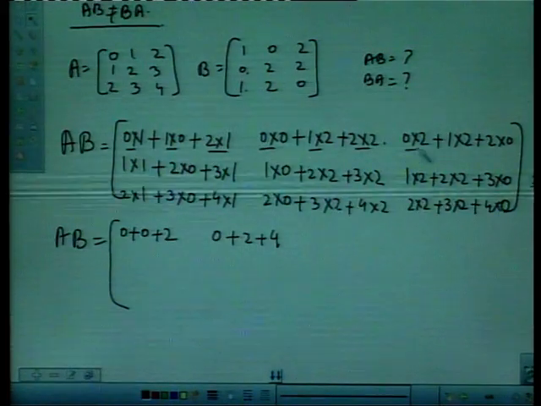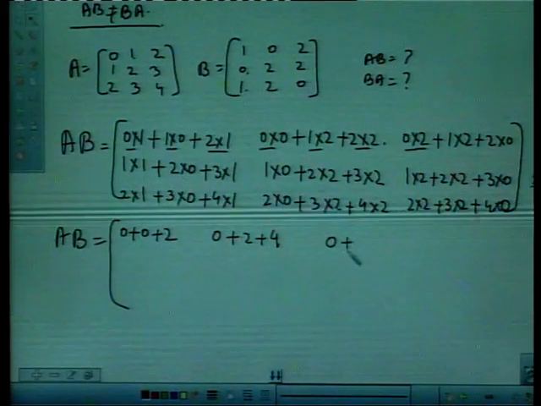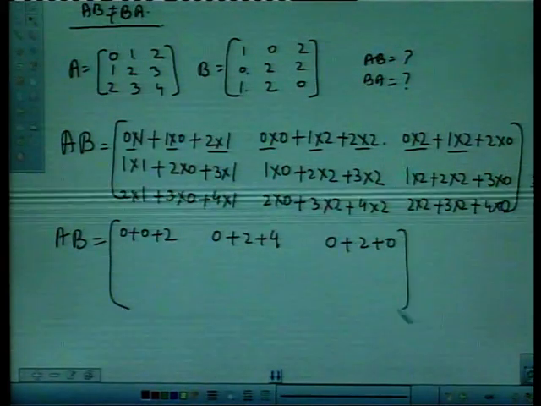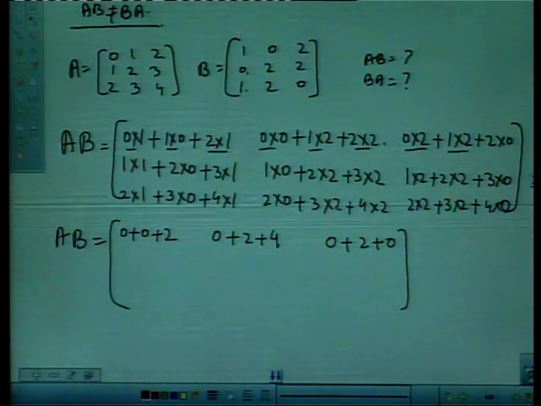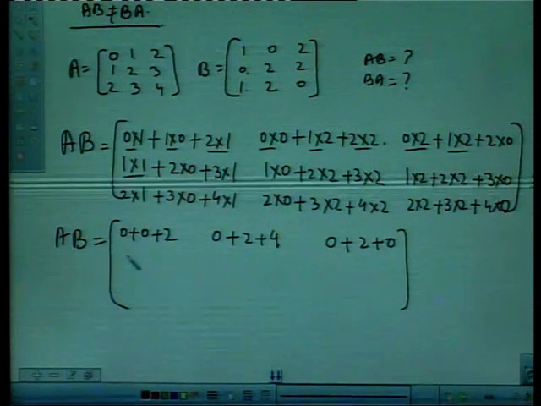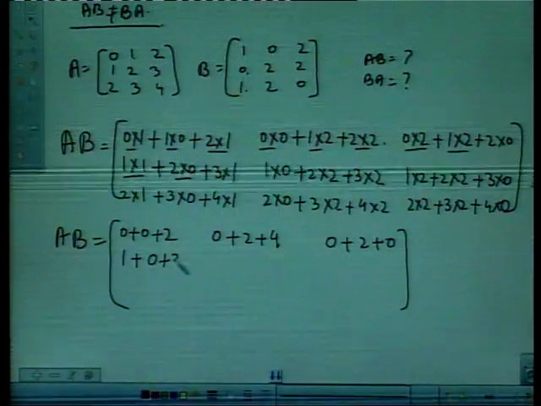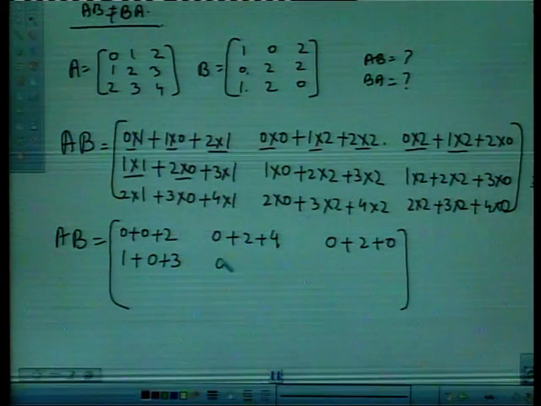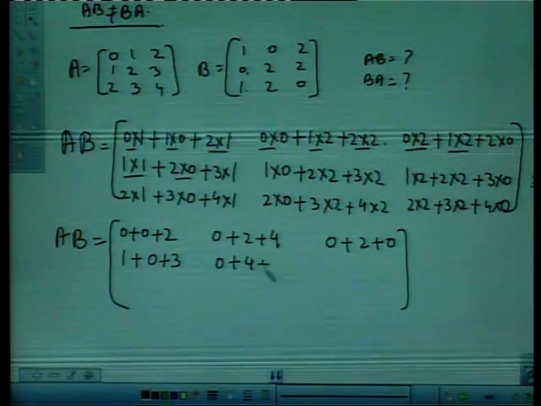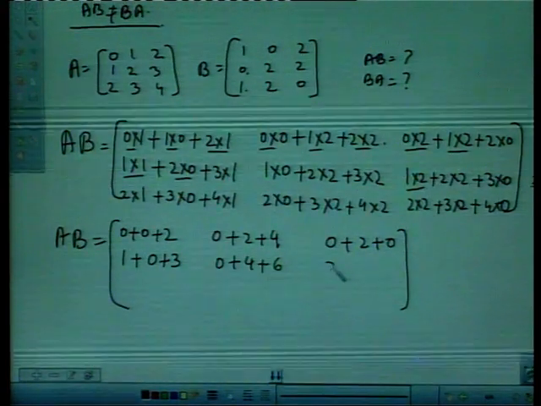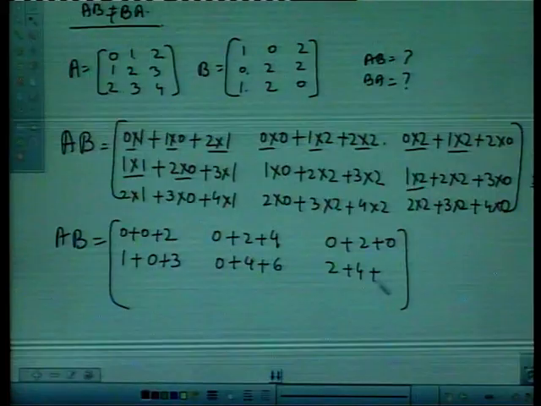Now 0, 2 and 0. Now 1 plus 0 plus 3. Here 0, 4, 6. Now 2, 4 and 0.